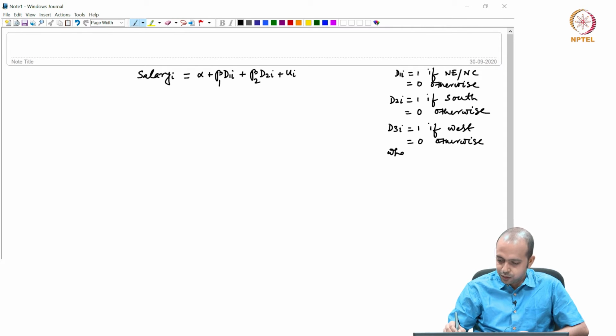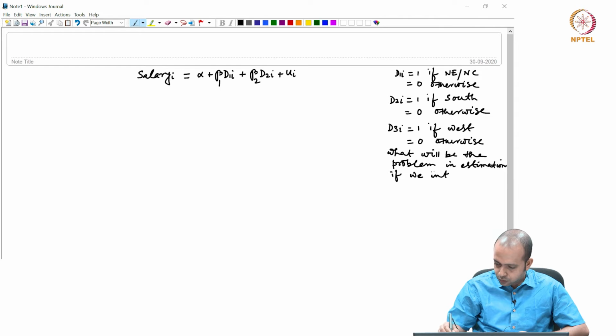What will be the problem in estimation if we introduce three dummies for 3 regions?